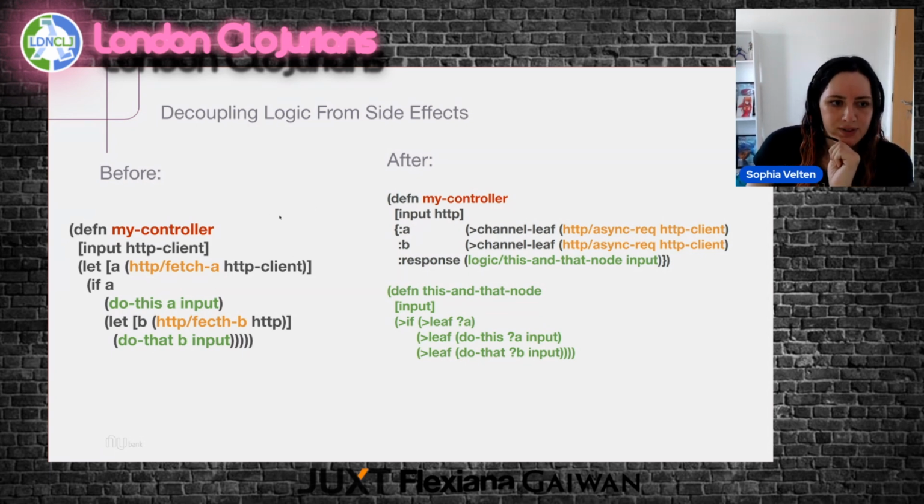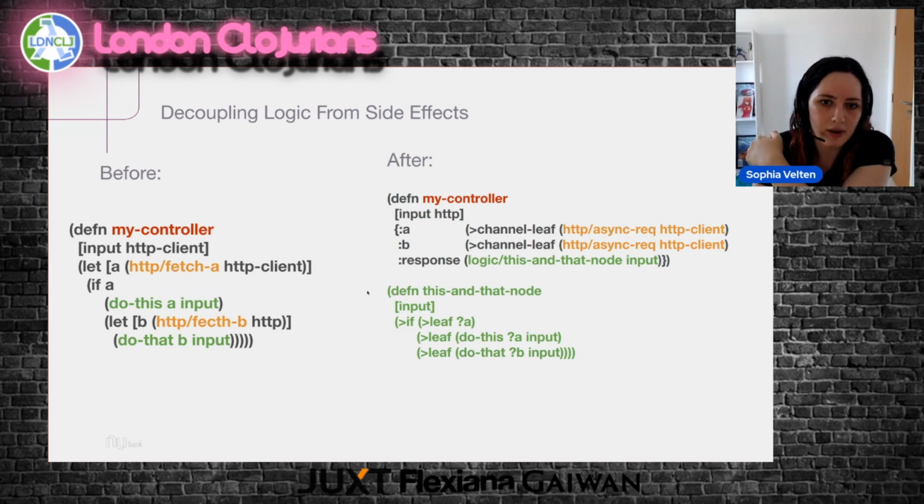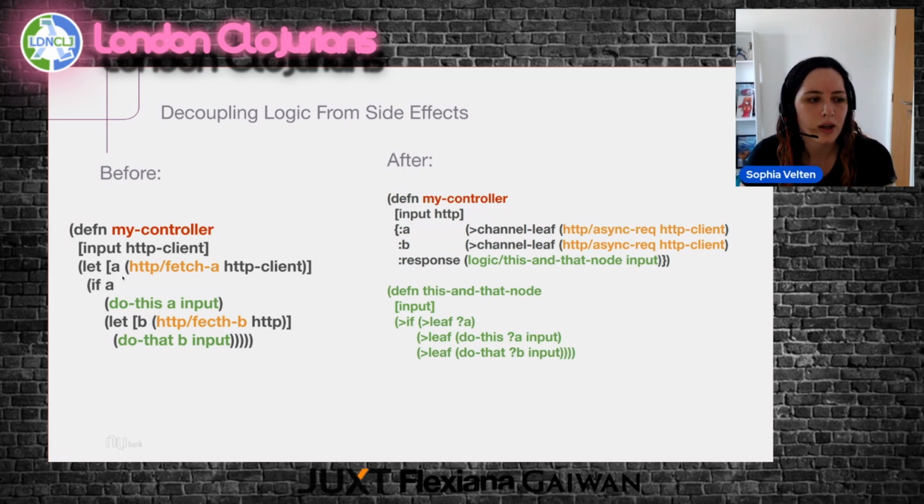On the left side, we have code that's a very common pattern in service code. You make a request to some service to fetch data, right? And depending on the result you get from this, you're going to do something. Otherwise, you're going to do something else.